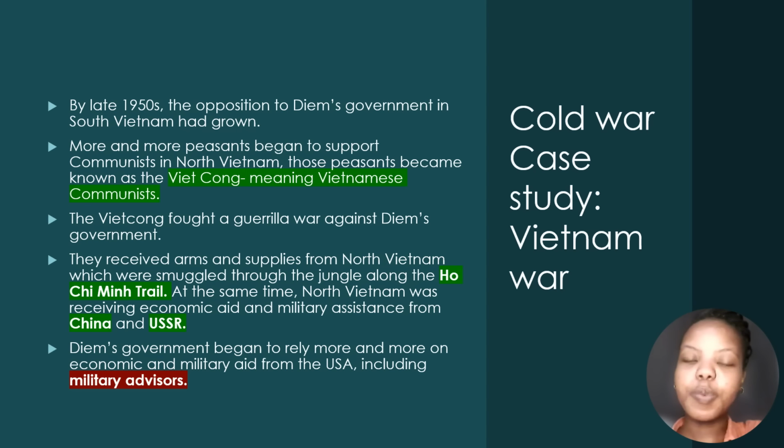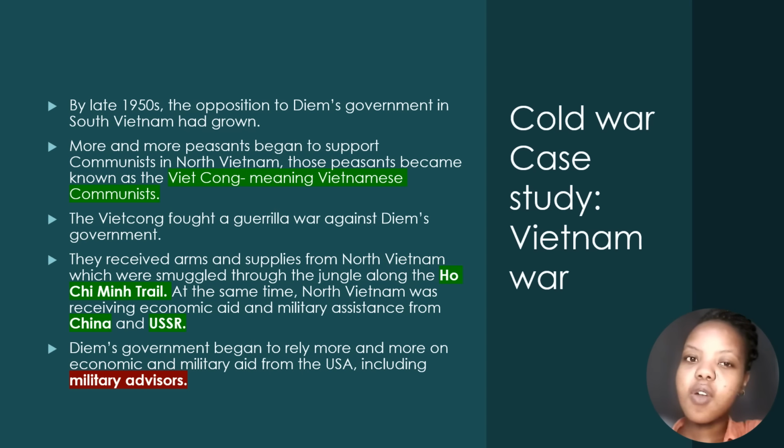They formed a group and then they were referred to as the Viet Cong, which means Vietnamese communist, because they supported the communists in North Vietnam, simply because the government in North Vietnam was also effective, and since they also supported their peasants. I hope that makes sense.